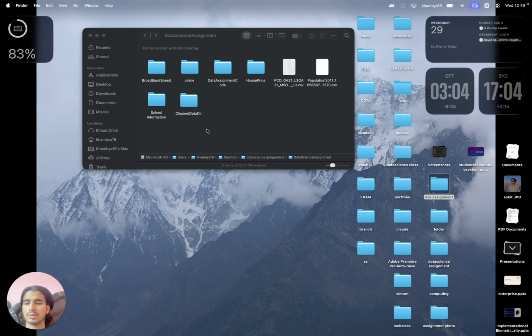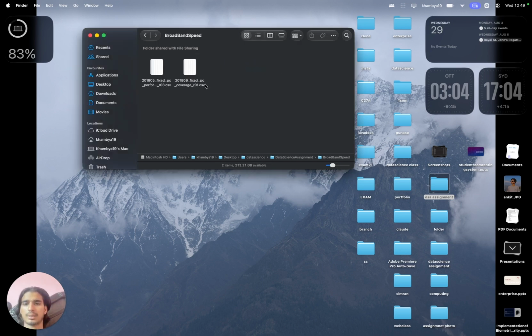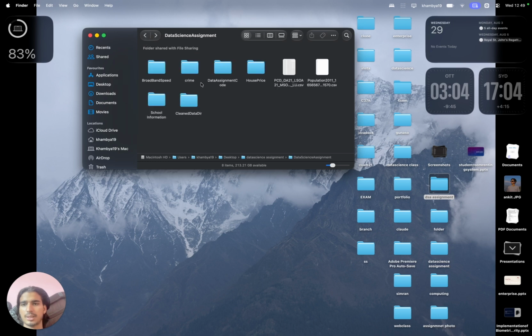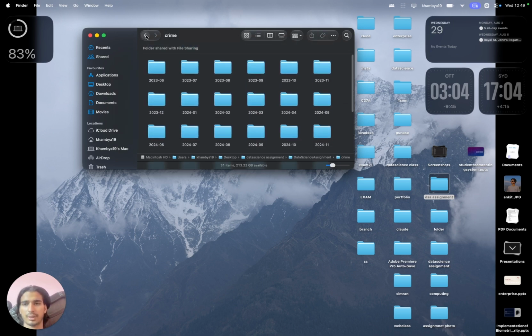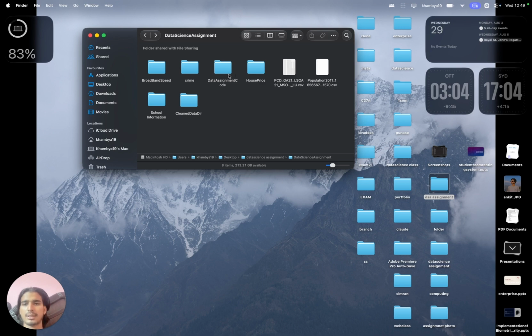I also used a population dataset and a postcode to district lookup table to help join everything together. All the files are in CSV, which is a very huge size, and there are a lot of files. And this is all for the dataset.